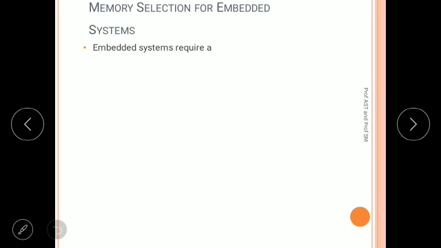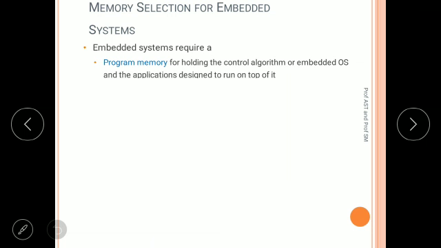Embedded systems require program memory for holding the control algorithms for the embedded OS and the application designed to run on top of it, data memory for holding variables and temporary data during task execution, and memory for holding non-volatile data like configuration data, lookup tables, etc., which are modifiable by the application.